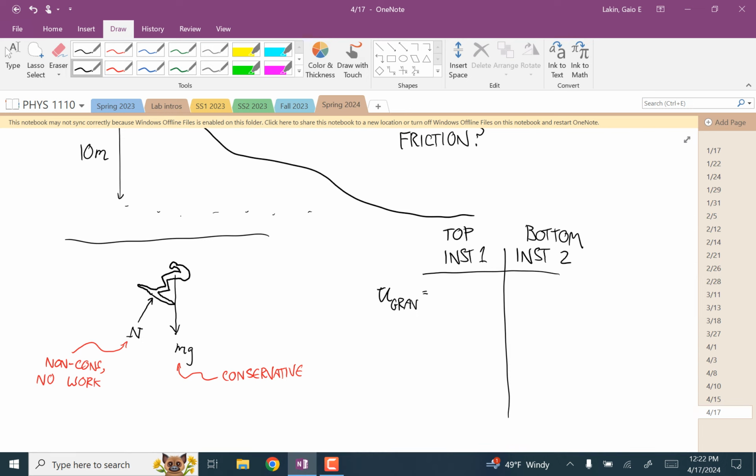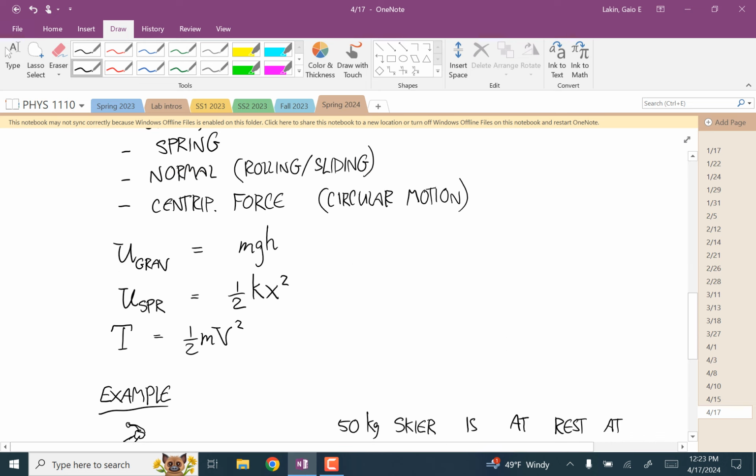There's one more question that we have to figure out. What are we going to call zero height? There are a lot of reasonable places that you might think of as zero height. The ground might be one of them. The center of the earth might be one of them. The center of the solar system might be one of them. So what do you think the deal is with the height? Well, we're going to put the height into this formula, mgh.